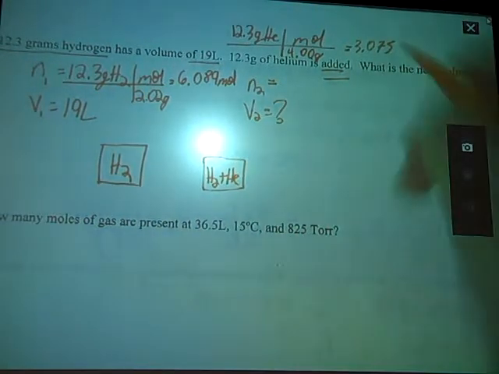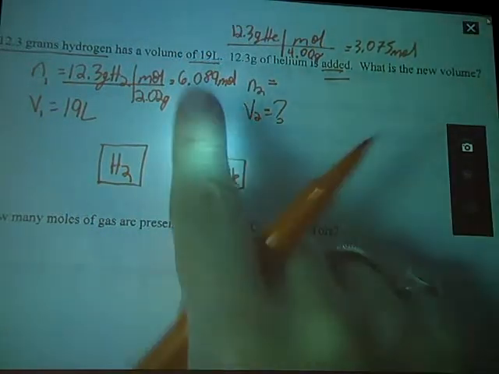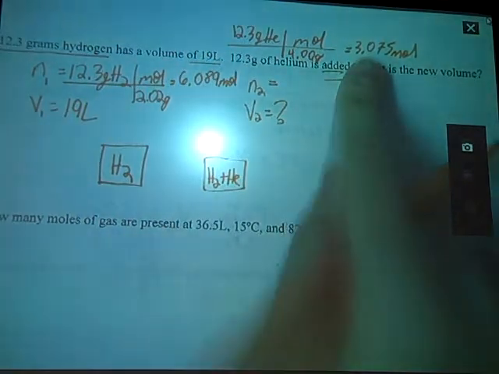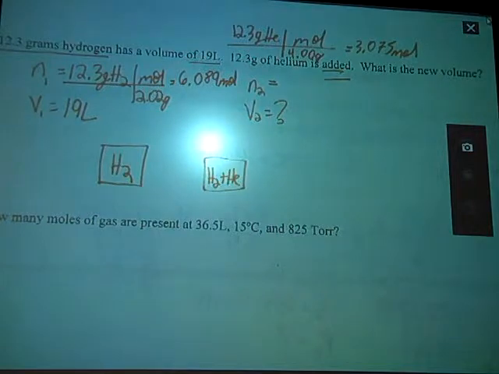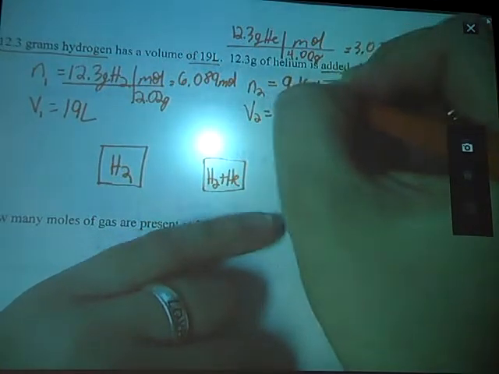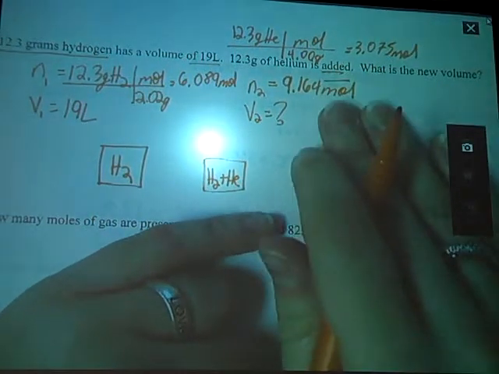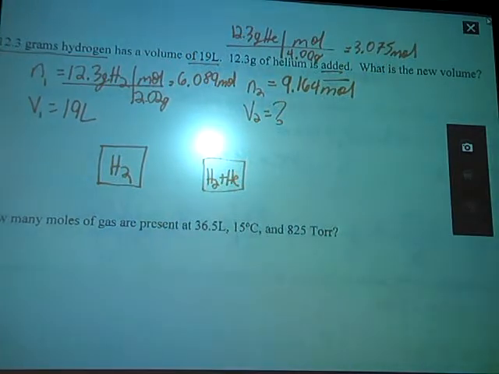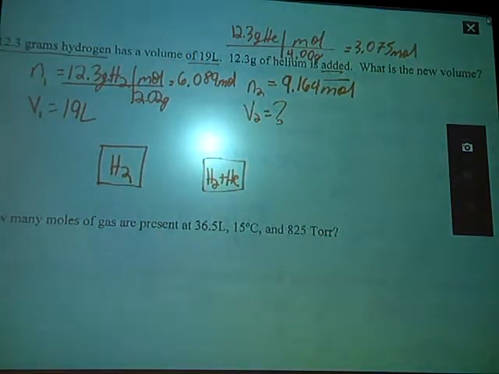So that means N2 is going to be the sum of my two gases. So 6.089 plus 3.075. So this is my total moles in my second scenario. So always be careful to think about what is actually happening in the before and in the after.